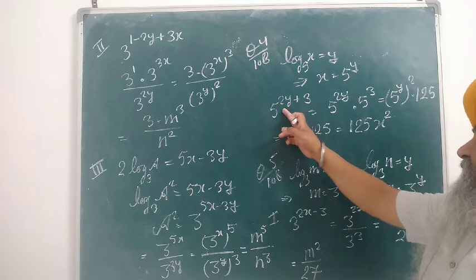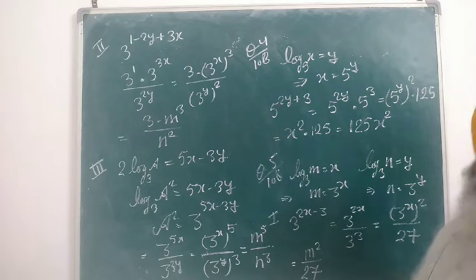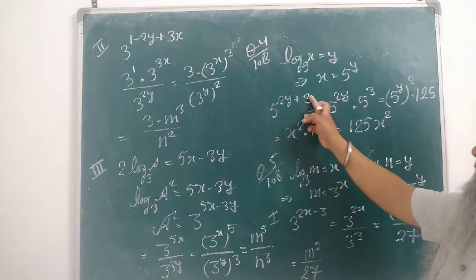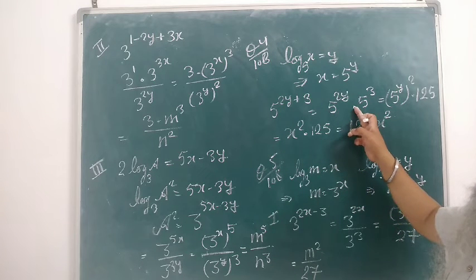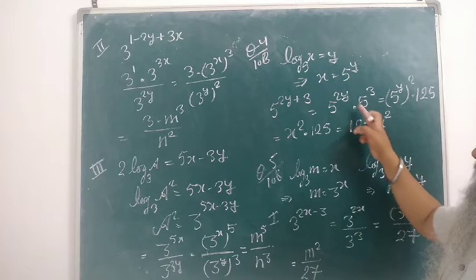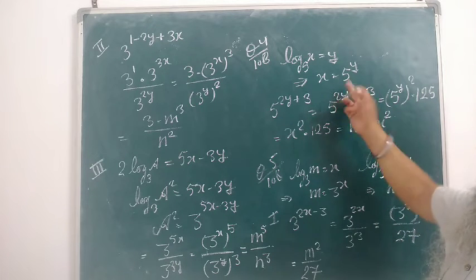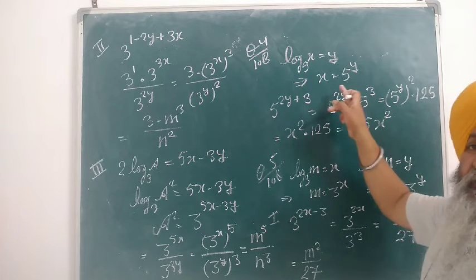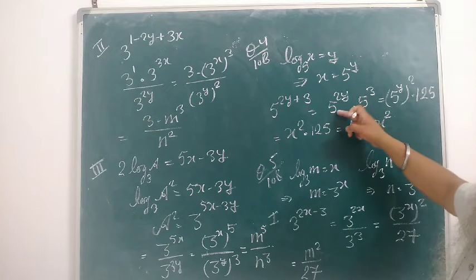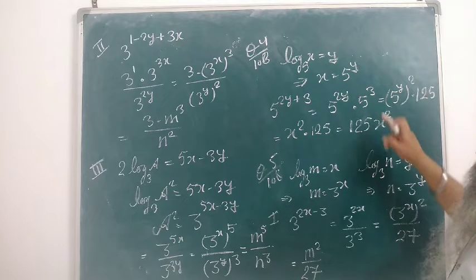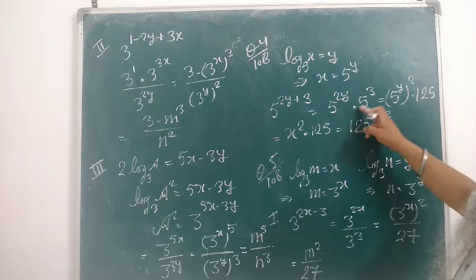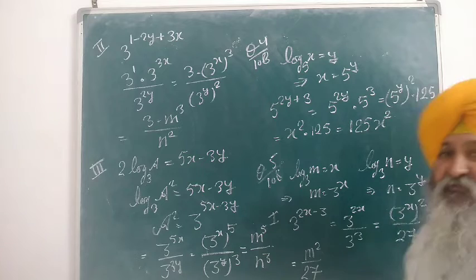Now they are asking 5 raised to the power 2y plus 3. In indices, plus comes when the same base is multiplied, that is 5 raised to power 2y multiplied by 5 raised to power 3. Now in 2y, 2 into y, and in indices multiply comes when there is a power, so 5 to the y power 2, multiplied by 5 cube, that is 125.